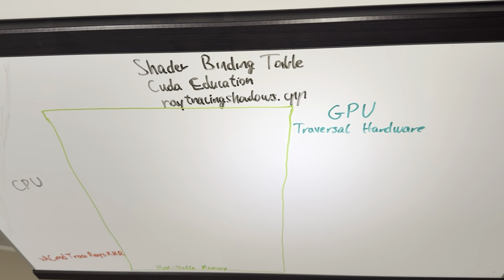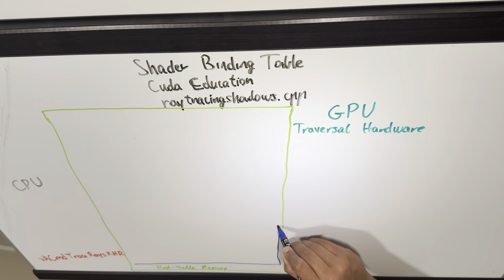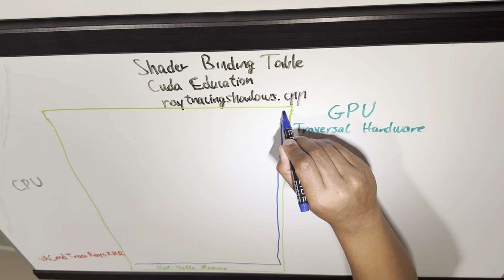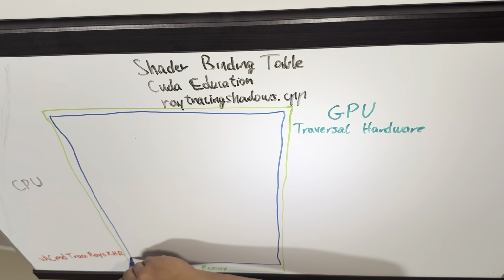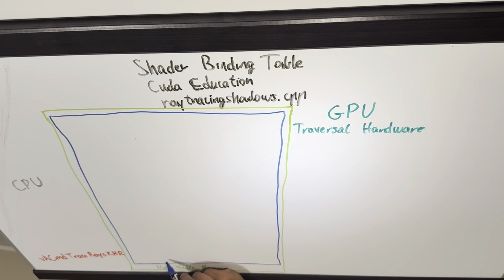I'll just do blue. All right, so we have host visible memory, and then we have our shader binding table, right?